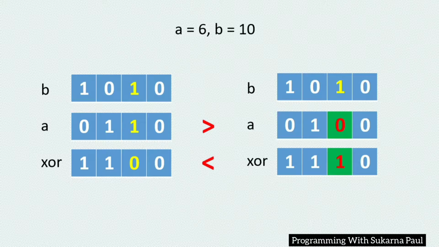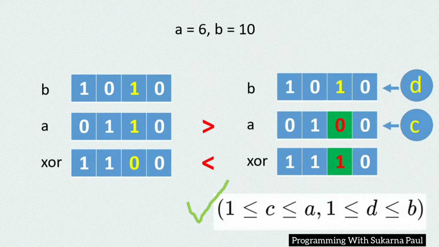Firstly, the value of A has been decreased, and secondly, the value of XOR has been increased. So if we consider this one as D and this one as C, then both of the given conditions are fulfilled. At the same time, the C XOR D is greater than A XOR B.